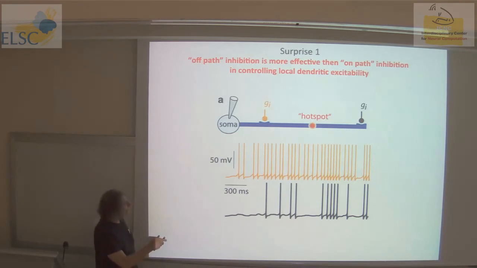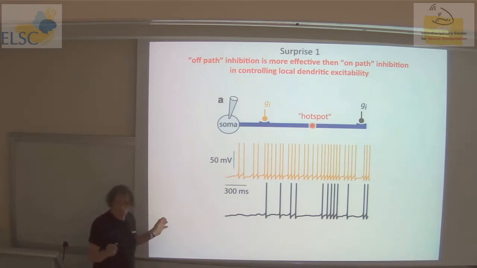Of course, if there were no inhibition, there would be more spikes here. So some of the current is shunted by this inhibitory synapse. But if you put the same inhibitory synapse distally, that's the output of the cell body. You can see that the identical distal synapse is better at shunting the hotspot than the same proximal synapse.